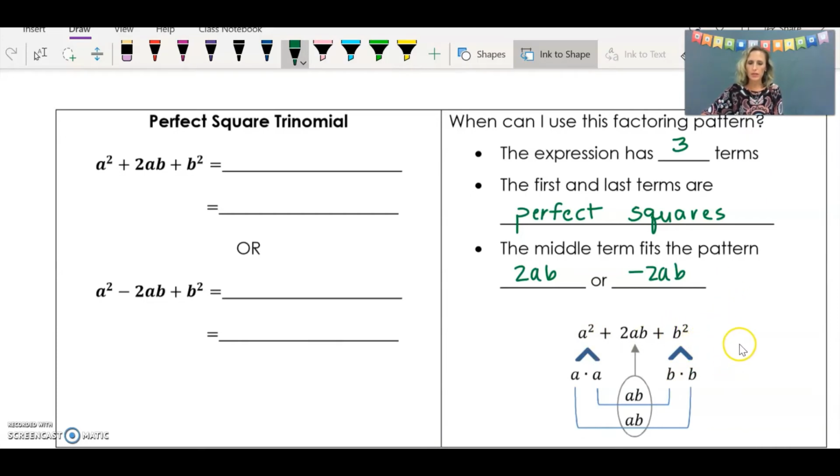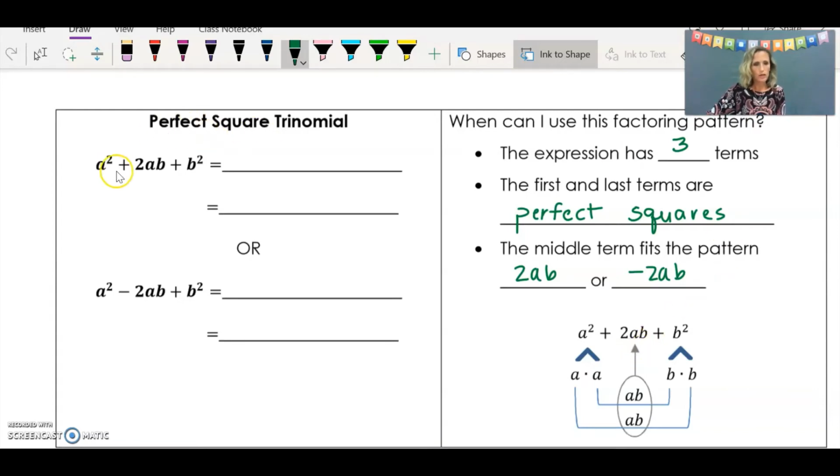And then in the middle, this just kind of helps me visualize it. I think of each of these pairs of matching factors being multiplied by their bookend on the other end. So this would give me ab, and then this would give me ab, and when I add those together, I get 2ab. So it fits this pattern of the perfect square trinomial. When this occurs, we can factor it into 2 identical binomial factors.